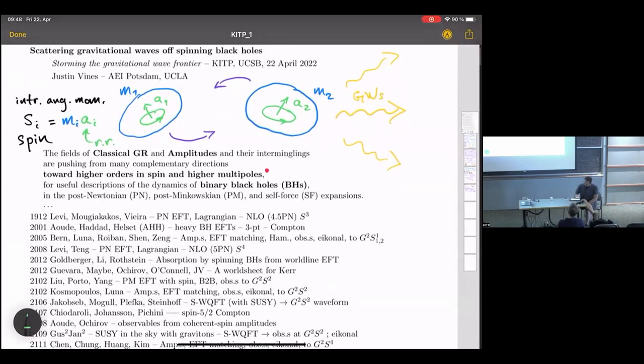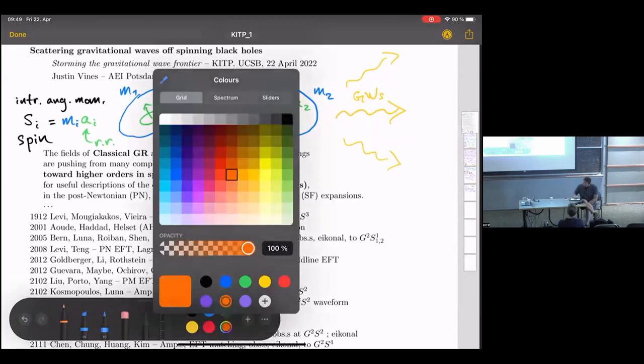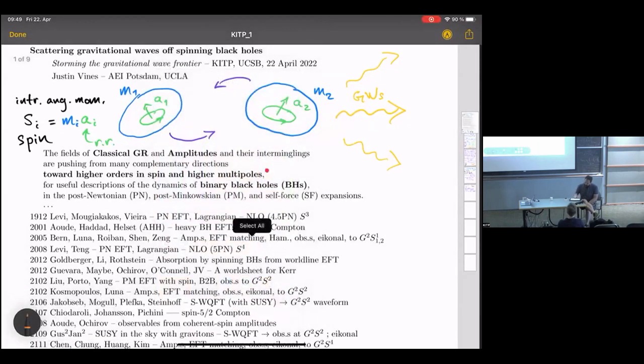And I'm saying here, the fields of classical GR and amplitudes and their interminglings are pushing from many complementary directions toward higher orders in spin and higher multipoles. Let me emphasize, for example, the spin, in angular momentum, is in a sense the gravitational dipole moment of the system. The next most important is the quadrupole moment. A black hole, for example, has a quadrupole moment that roughly goes like its mass times this ring radius squared.